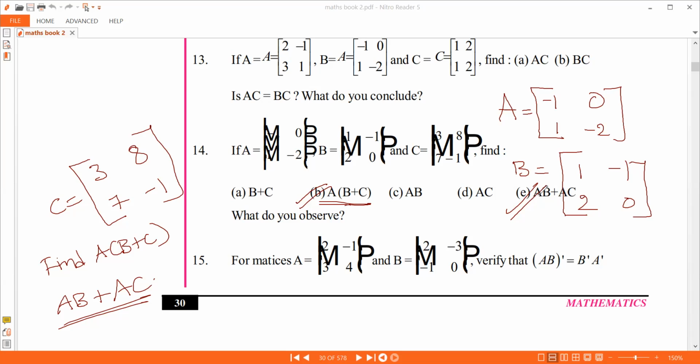So minus 1, and 1, and 4 plus 1, 5, and minus 1.